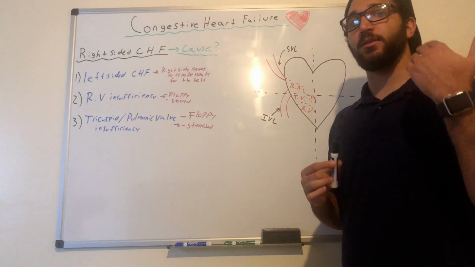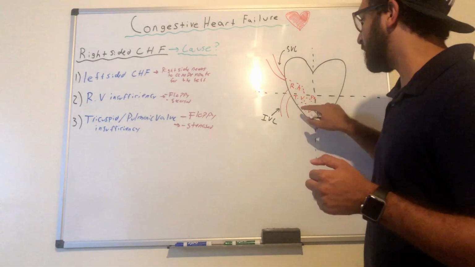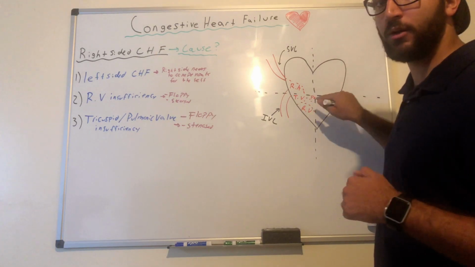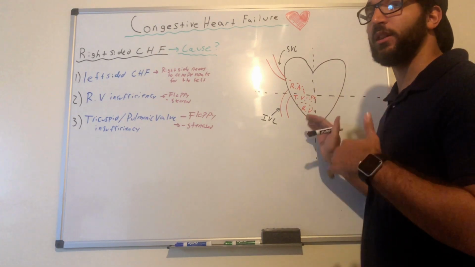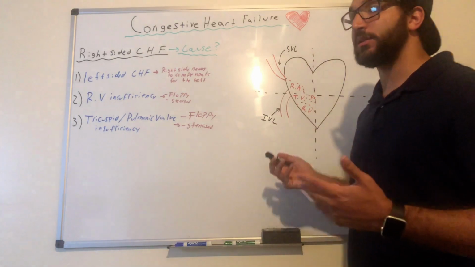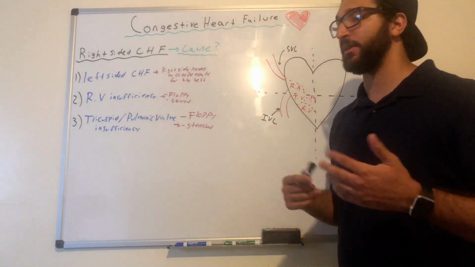The right side has to compensate by pushing out deoxygenated blood to the pulmonic valve and pulmonary artery, and also trying to compensate for the left side by bringing oxygenated blood out systemically. So the right ventricle could possibly hypertrophy due to the overuse of that muscle.